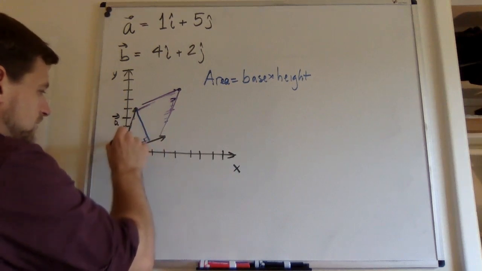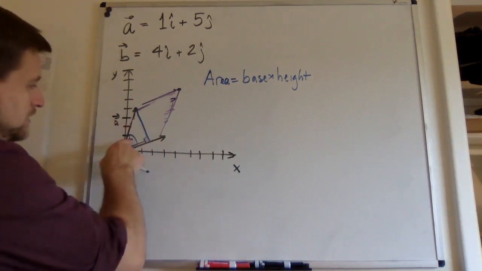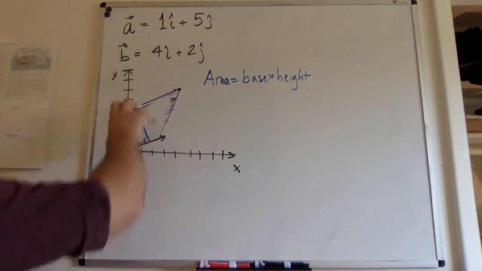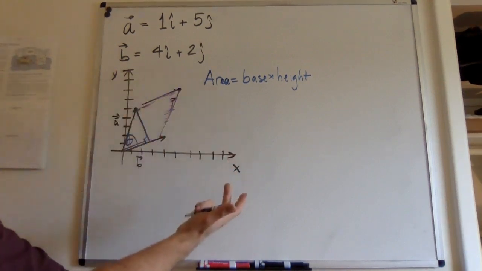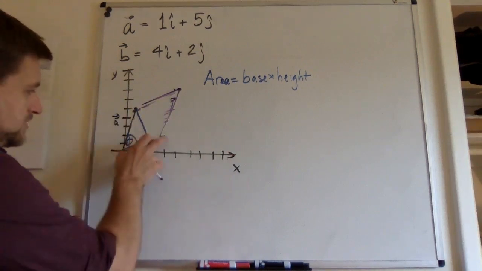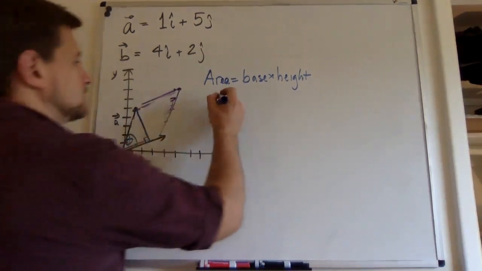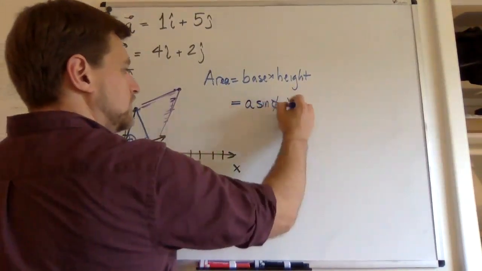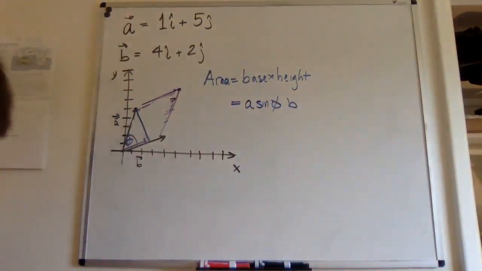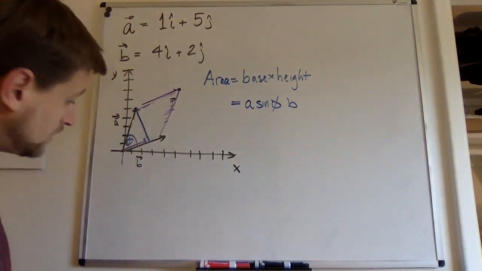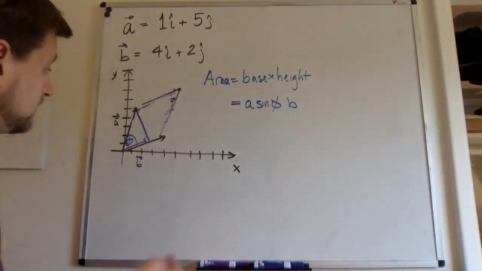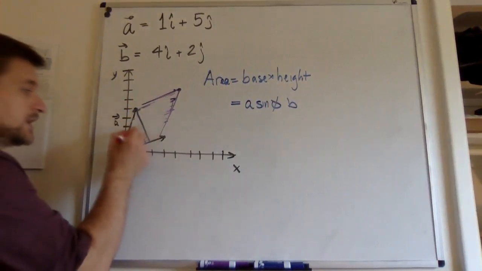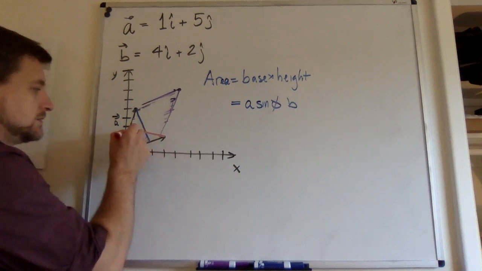If we knew the angle between A and B, the height is A sine phi times the base. What if we looked at it the other way? What if A is the base and B is the height?